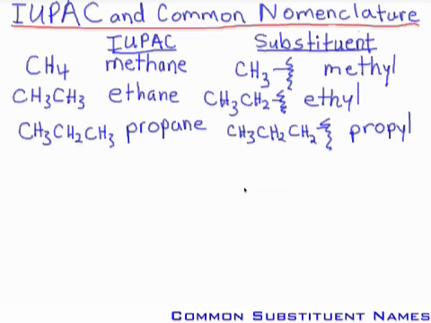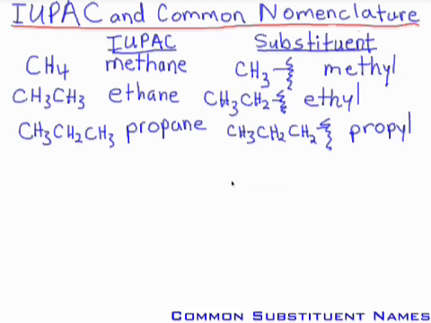What you see in front of you are the first three carbon chains, methane, ethane, and propane. These carbon chains' IUPAC names can be utilized to derive the names of the substituent side chains that are related to the straight chain molecules from which the side chains originate.